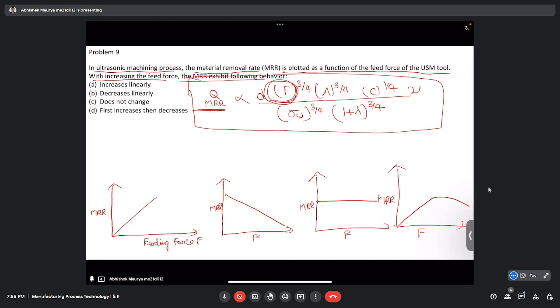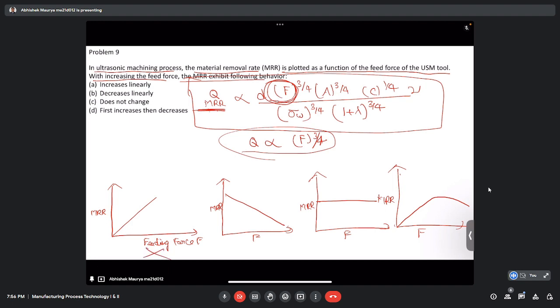Q is directly proportional to the feed force to the power 3 by 4. So if we increase the feed, then MRR should also increase, but this relationship is not linear. So the first option has gone.